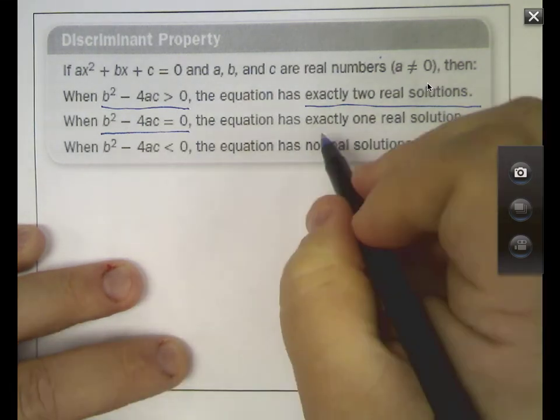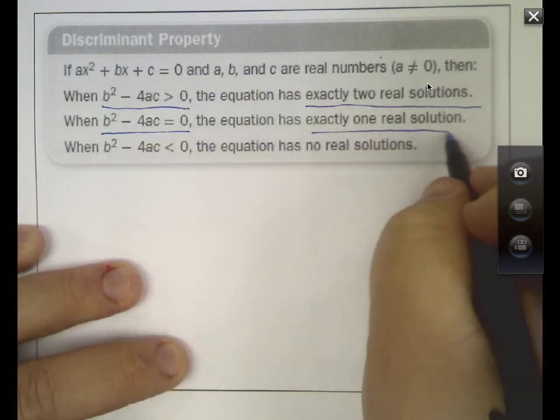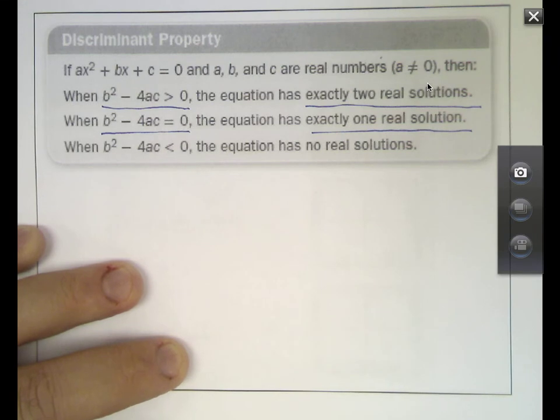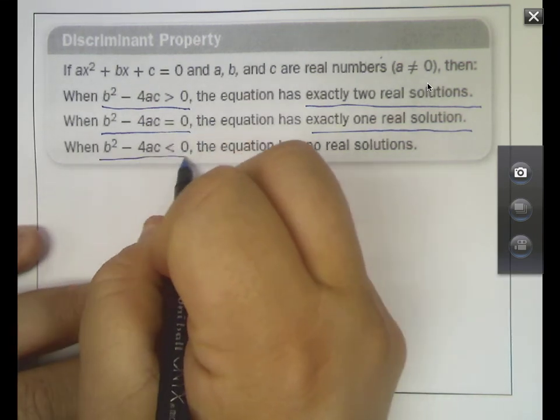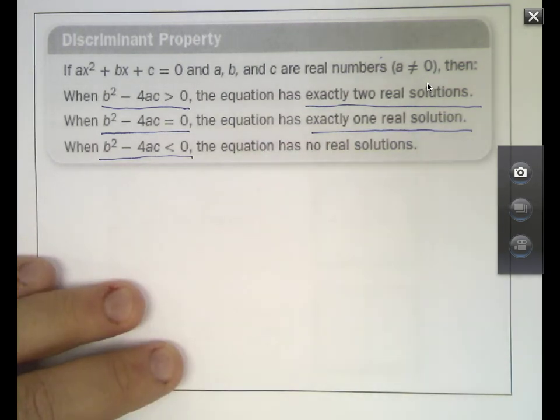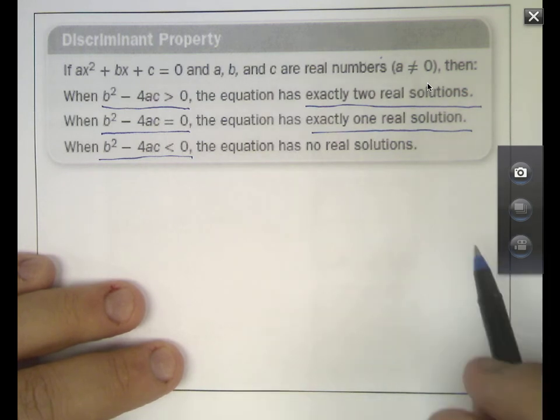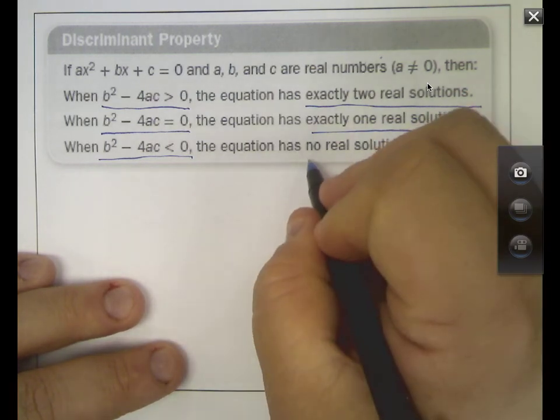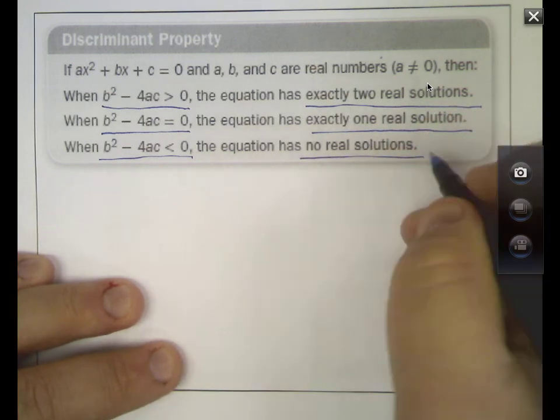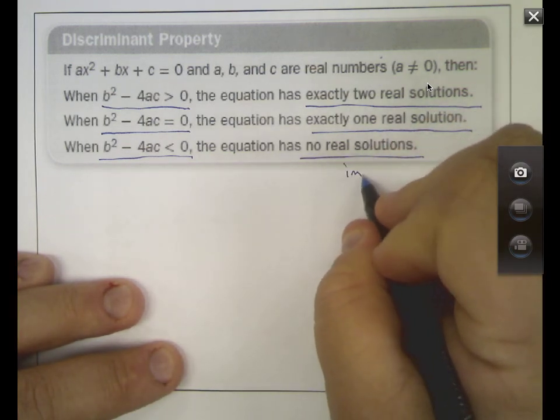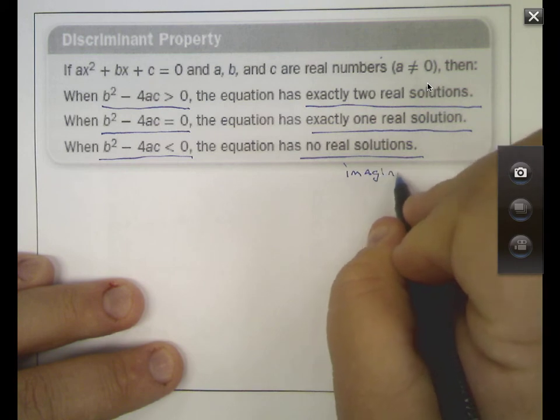If our discriminant equals 0, then you have exactly 1 solution. And if our discriminant is less than 0, that means negative numbers, -1, -2, so on and so forth, -163, then your equation has no real solutions.